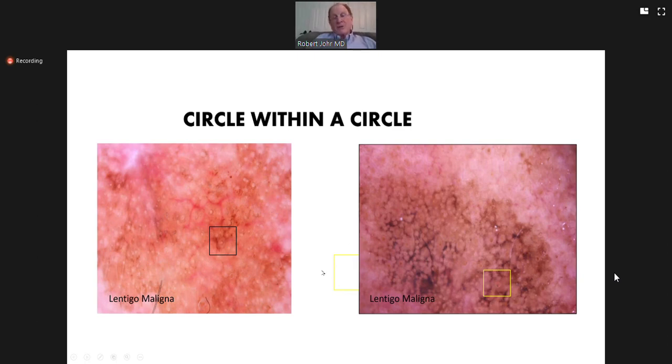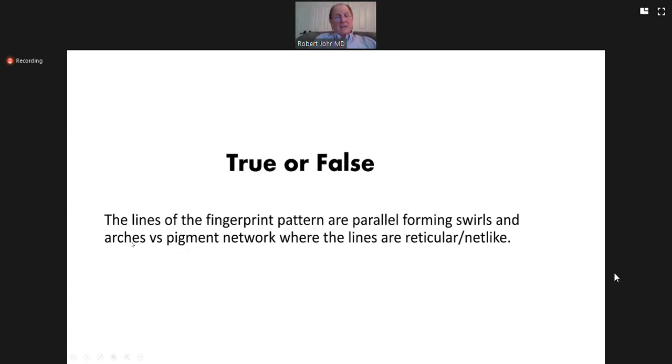So here's a true or false question. And we didn't talk about the fingerprint pattern yet, but we're going to do that next. The lines of the fingerprint pattern are parallel, forming swirls and arches, versus the pigment network where the lines are reticular and net-like. So is that true or false? So we can vote on that.